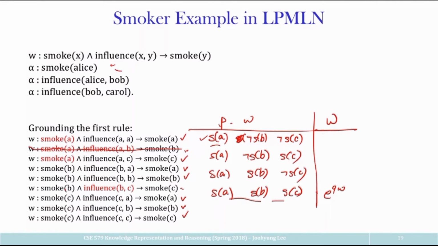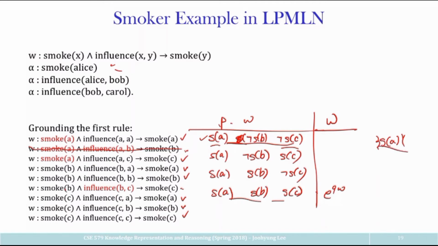There is no negation, so you don't have to consider the reduct. We just need to find the minimal model. Are we together? In the case of ASP, we use this notation more than this way, but you can identify. So {smoke A} is the minimal model of this program.